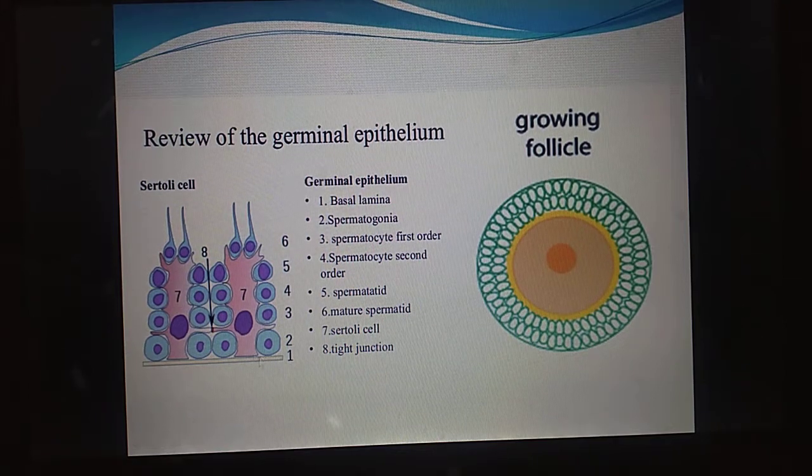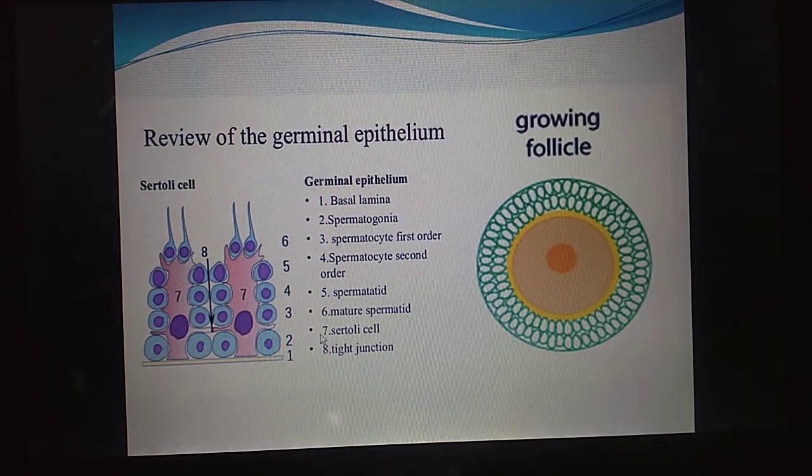If you see, this is a small section of the seminiferous tubule which we have opened up, and you can see it has different portions, the basal lamina. If you see over here, this is the basal lamina. Besides this, the spermatogonia, which have been numbered 1, 2, 3, 4, 5, 6, 7, 8 accordingly, which would be easy for you.